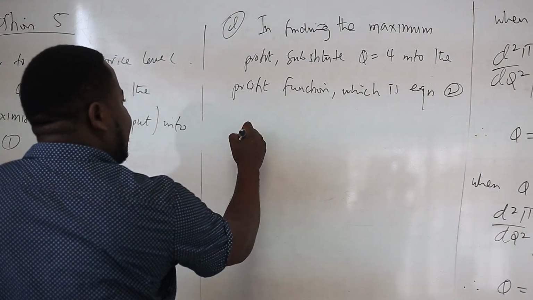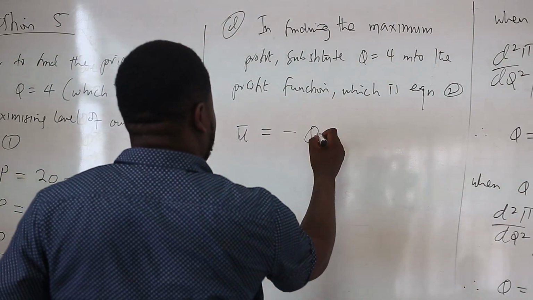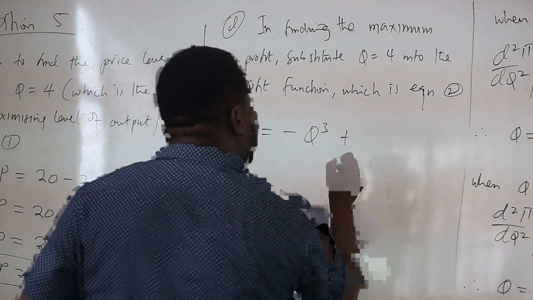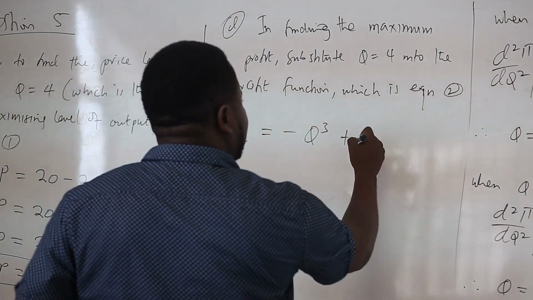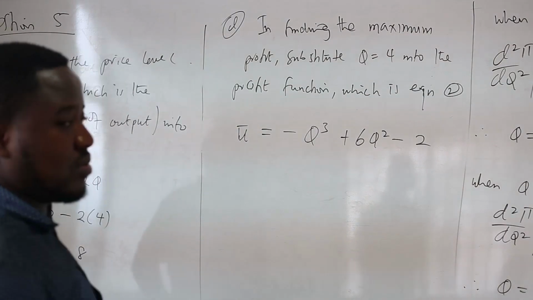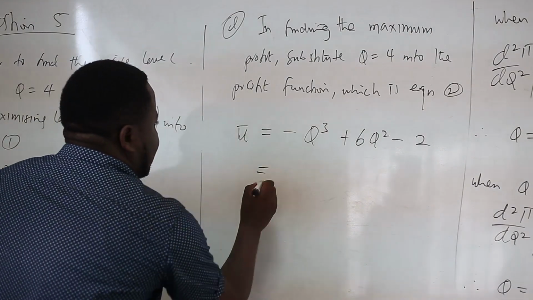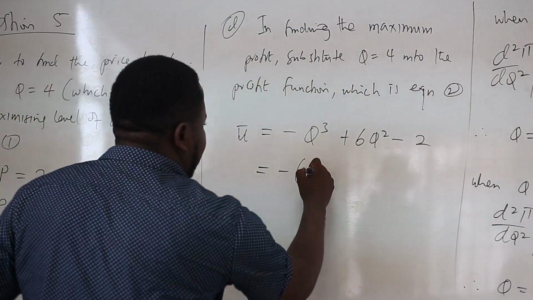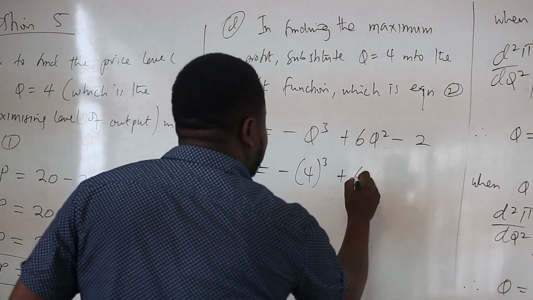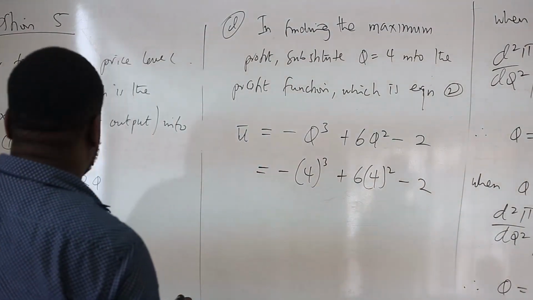In equation 2 we have pi is equal to minus Q cubed plus 6Q squared minus 2. So this is equal to minus 4 to the power 3 plus 6 times 4 squared minus 2.